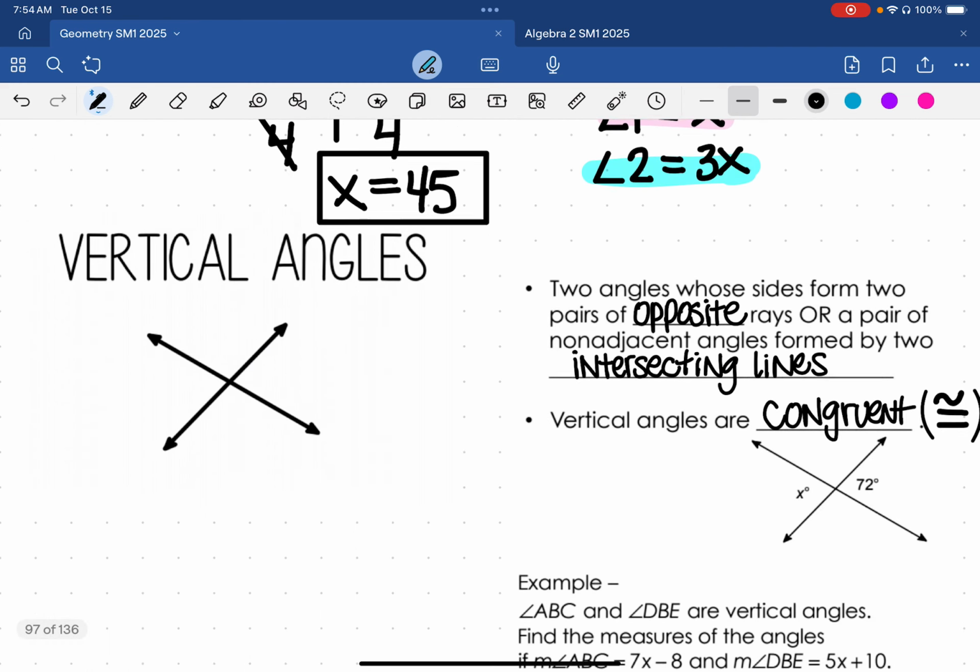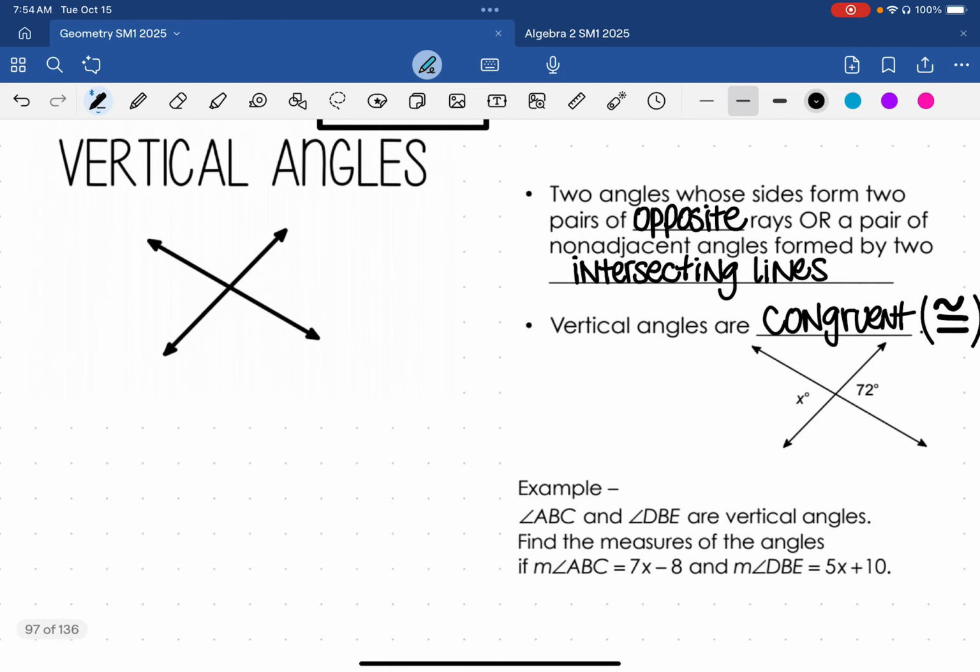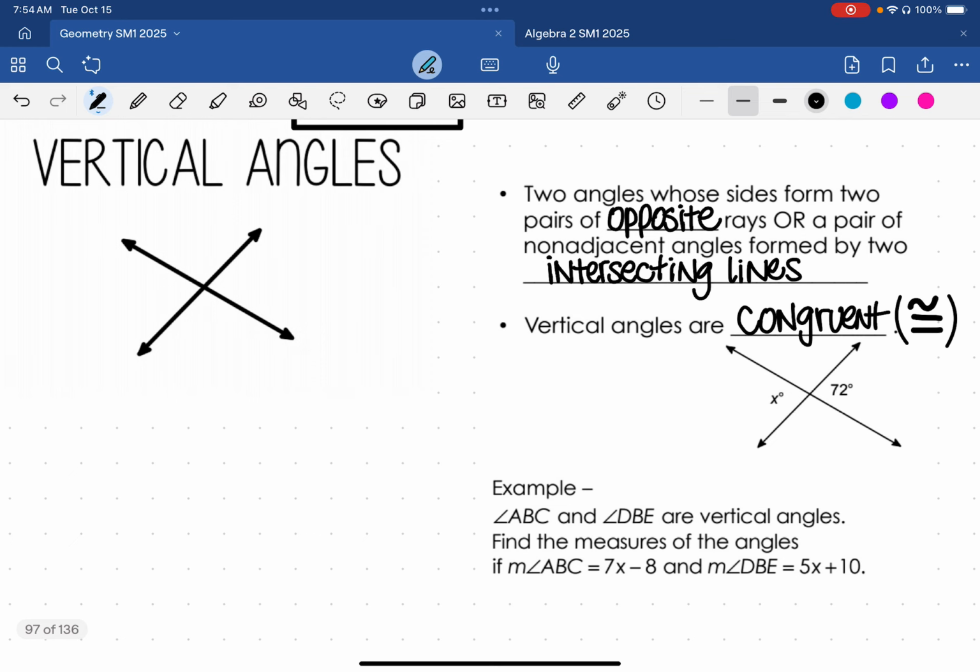All right, and our final relationship between angles in our first foldable are vertical angles. Vertical angles are two angles whose sides form pairs of opposite rays, or a pair of non-adjacent angles formed by two intersecting lines.